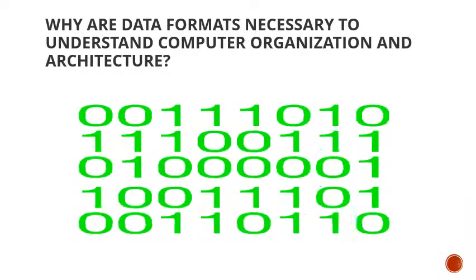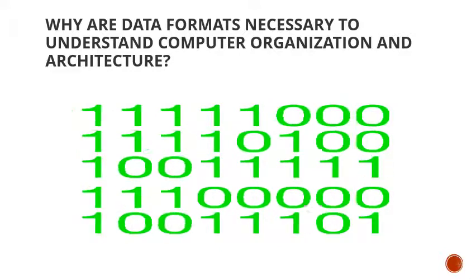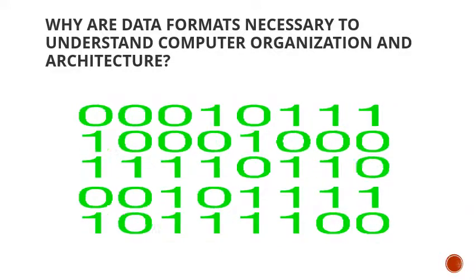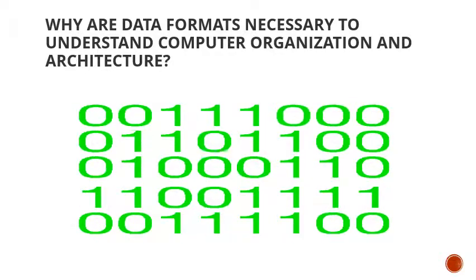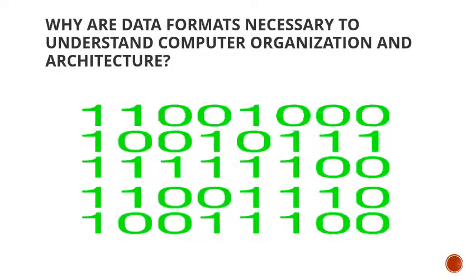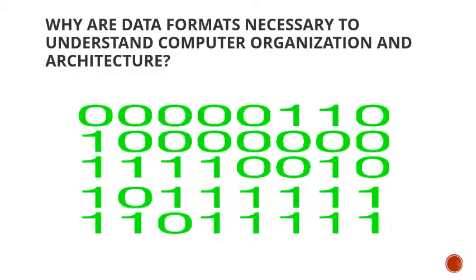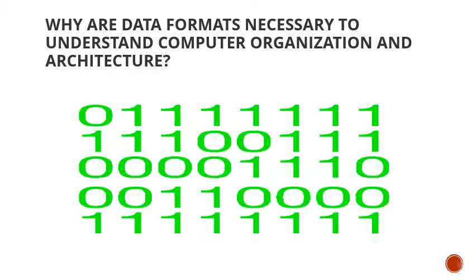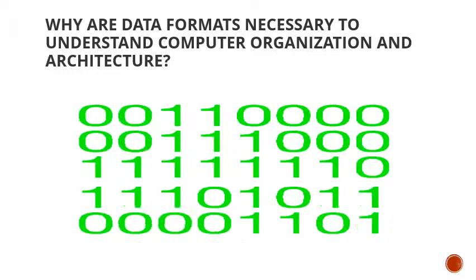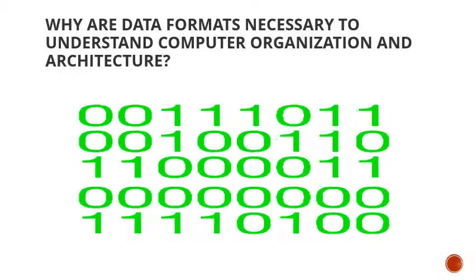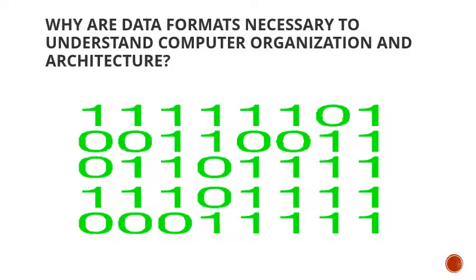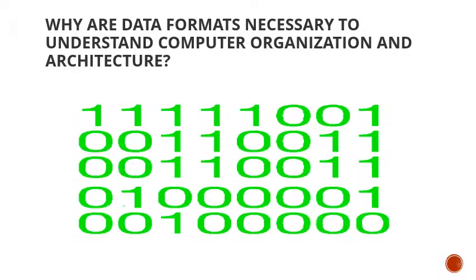Now we will discuss why data formats are necessary to understand in computer organization and architecture. During designing the CPU, the user needs to decide in which format the CPU will take numbers, that is data.